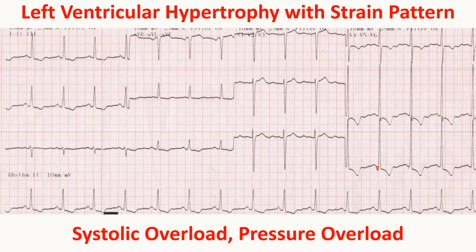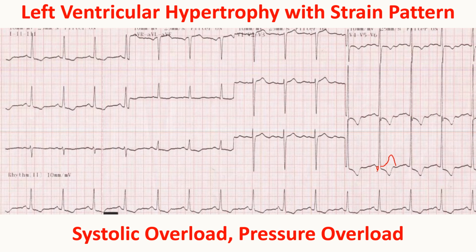Here you can see that there is no initial Q wave in left ventricular hypertrophy with strain pattern or systolic overload. And in diastolic overload, instead of this ST depression, there may be a slightly concave upwards ST elevation, and T is a bit tall and upright. So minimal ST elevation may be there, tall upright T waves, and initial narrow Q waves.